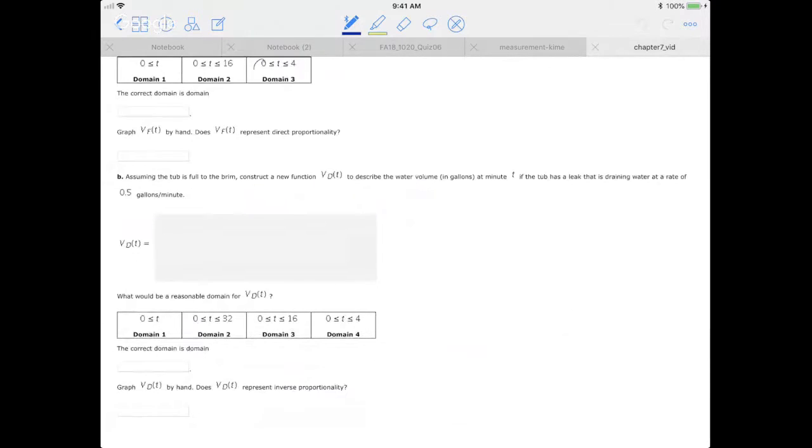Yeah, look, it's even an option. Let's see, what is this? Graph V of t by hand. Okay. Well, it's a line through the origin with a slope of 4. Right? Does this represent direct proportionality? Yes, for a couple of reasons.